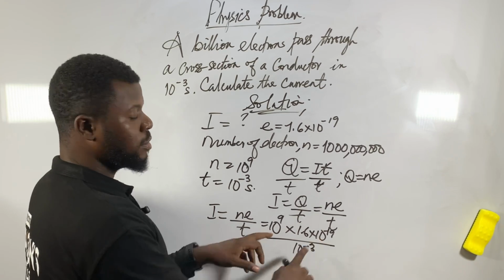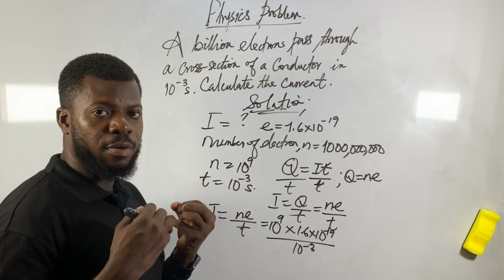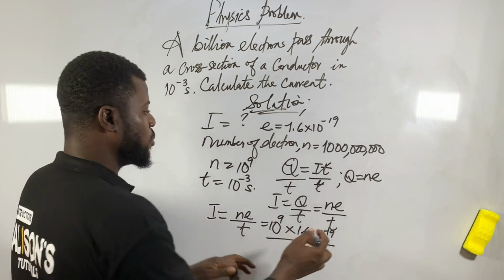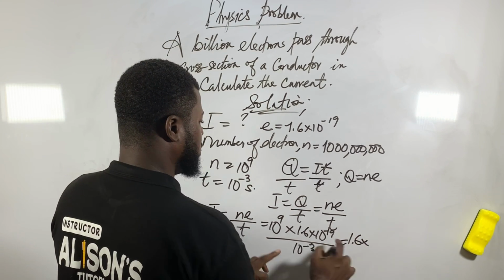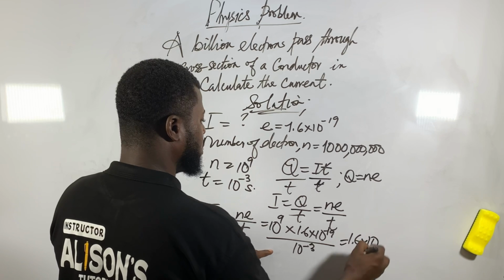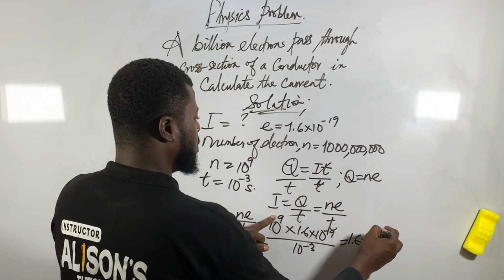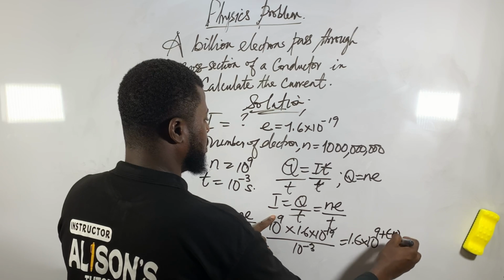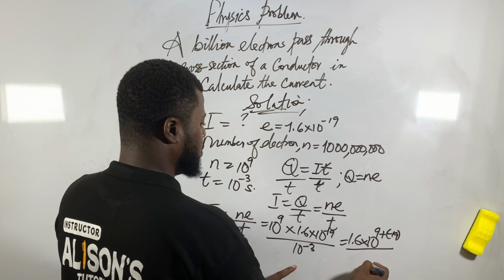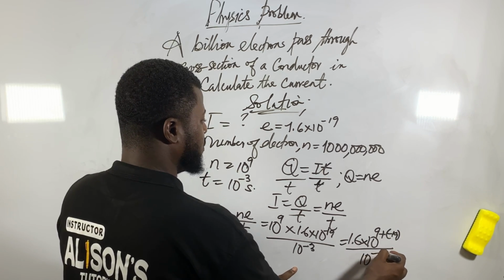According to the product law of indices, take the common base and add the powers. So I get 1.6 times 10 to the power of 9 plus -19, over 10 to the power of -3.